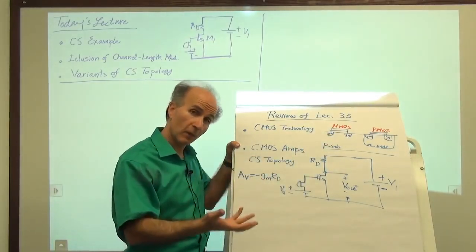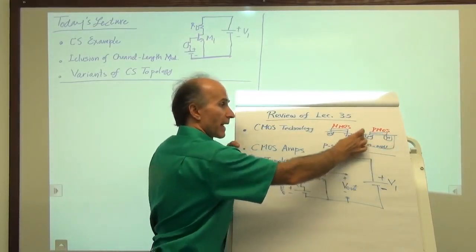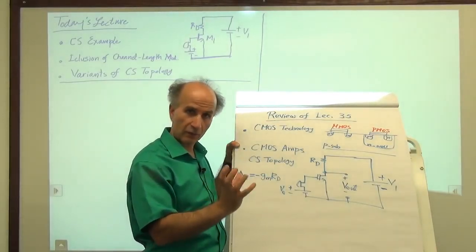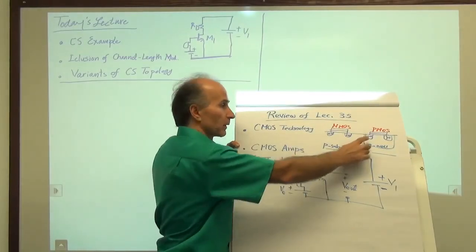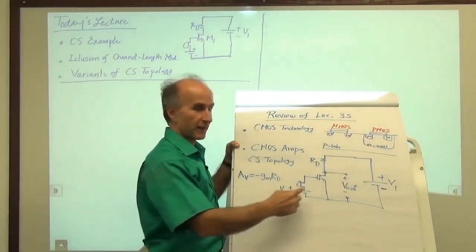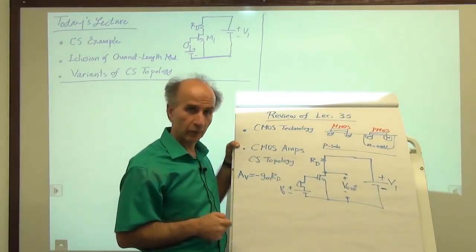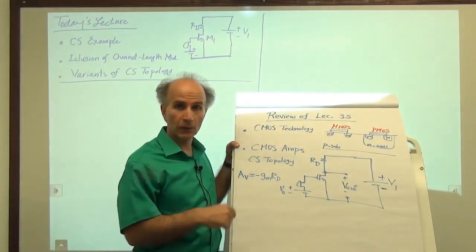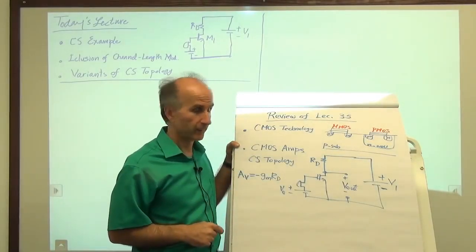And to accommodate the PMOS device, we go ahead and implant or build an N-well. An N-well is a region that has N-type doping, and then on top of that we build the PMOS device. So in a sense, this is a local N-type substrate that we have created, and these two together now allow us to build both NMOS and PMOS devices and use them in our circuit designs.